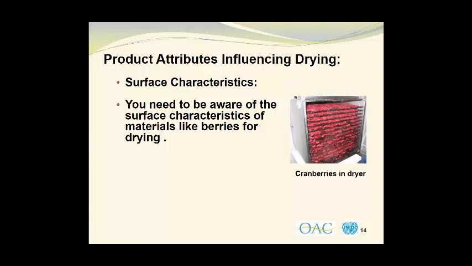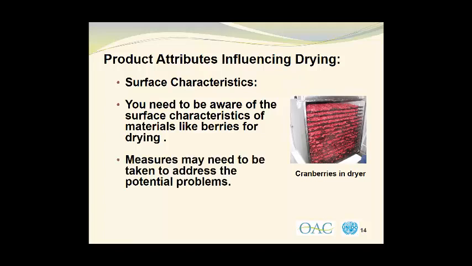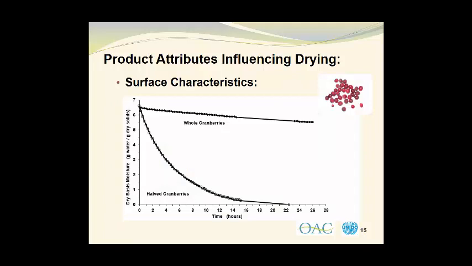Here we see some cranberries in a dryer. Measures may need to be taken to address the potential problems that you could encounter. On this graph, we show the rate of moisture loss for whole cranberries and halved cranberries. So looking at the whole cranberry curve at the top, you can see that the rate at which moisture is being lost is very slow.